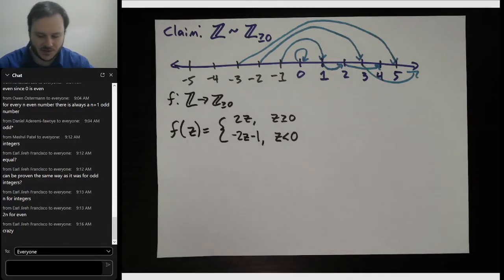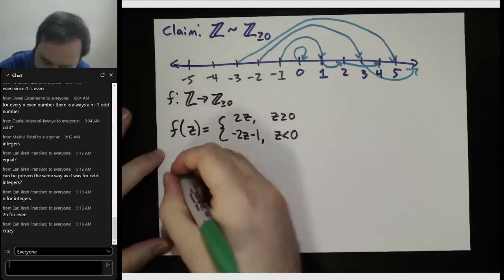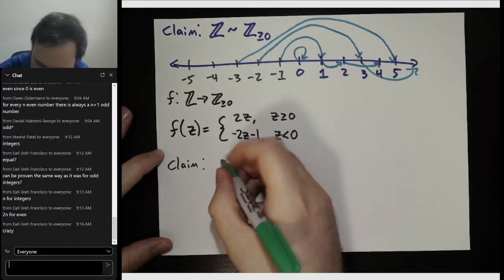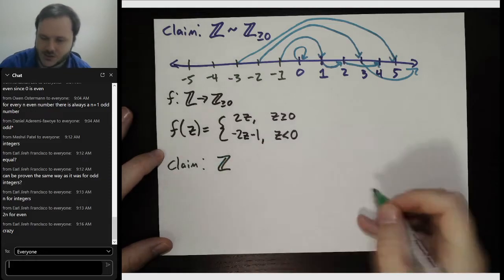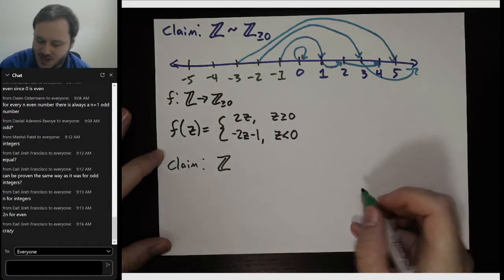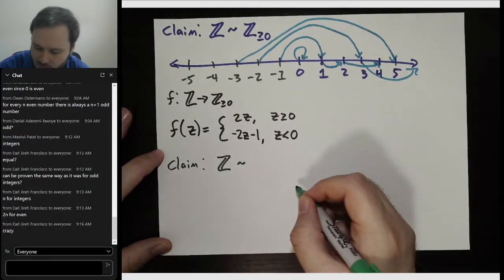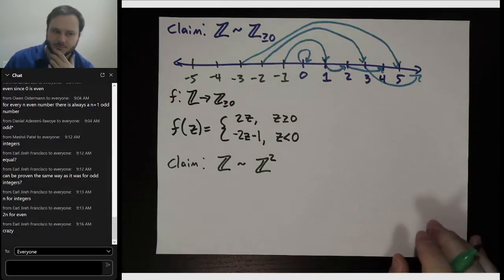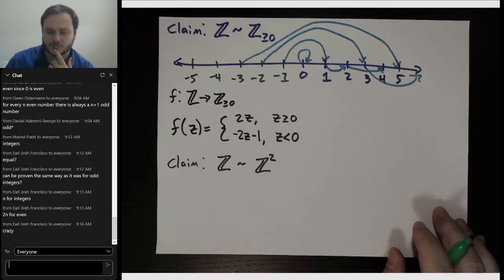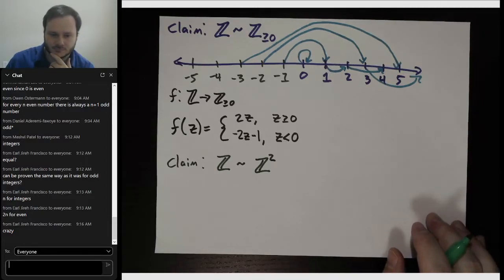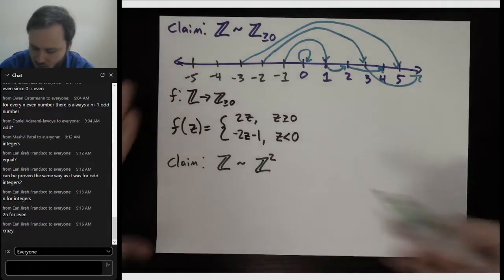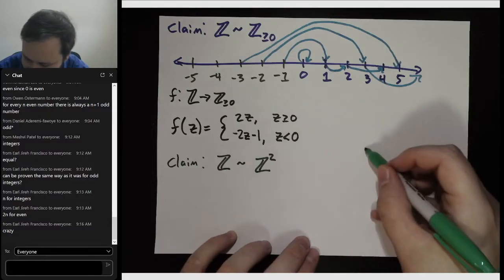Let's do something even more ridiculous. Claim: the integers have the same cardinality as Z cross Z. So just want to point out what I mean by this.